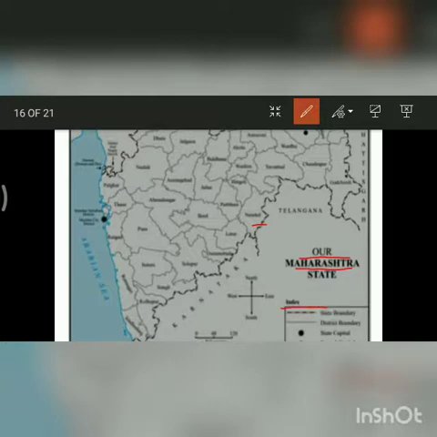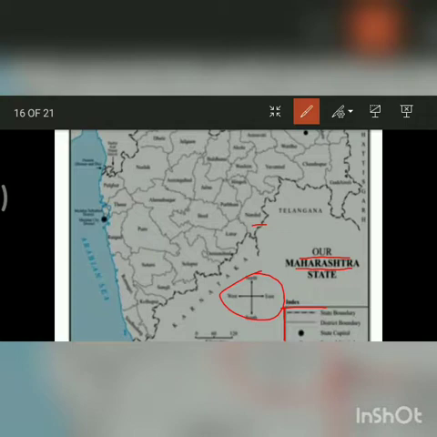The next is the index. The index consists of various signs and symbols. Because of that we get the location of different things given in the map. The next is the arrow indicating the north. Students, in every map you will find this.